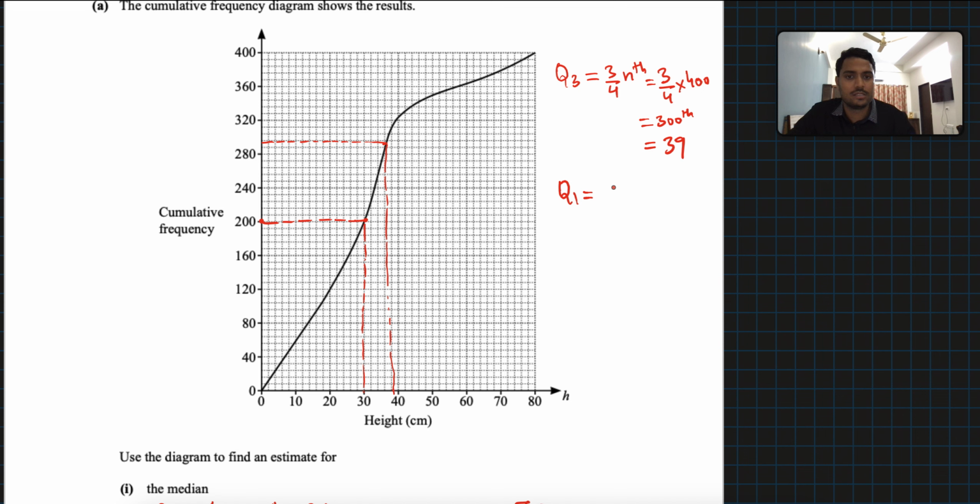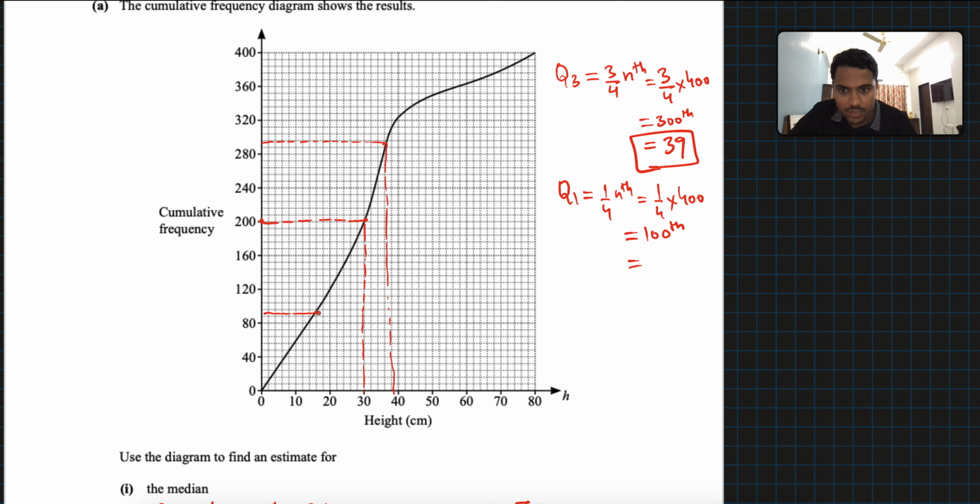And then Q1. So Q1 is 1 by 4. 1 over 4 into 400. That is the 100th value. The 100th value is going to be, let me check. So this is 80, 90, 100. So the 100th value will be somewhere here.